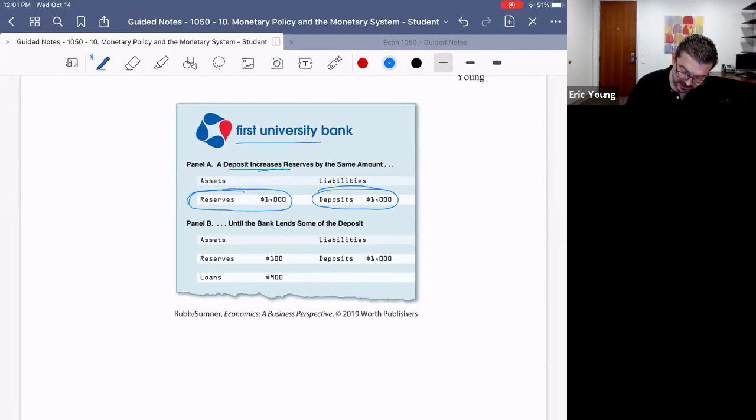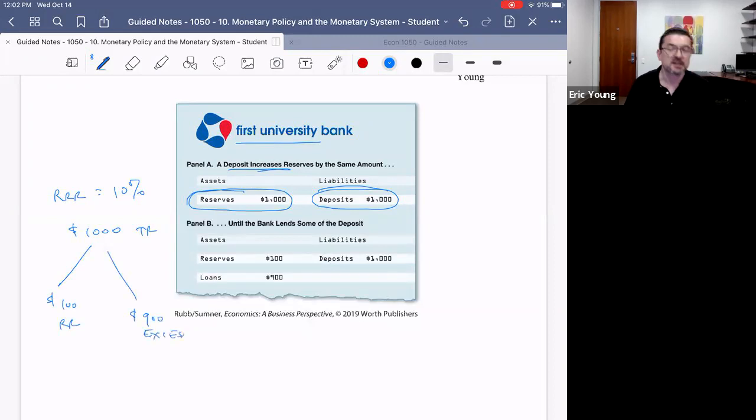Let us suppose in this example that the required reserve ratio is 10%. And as a result of the bank's $1,000 in total reserves, we'll put total reserves there, 100 is required and 900 is excess.